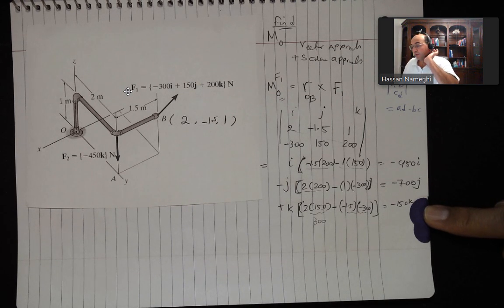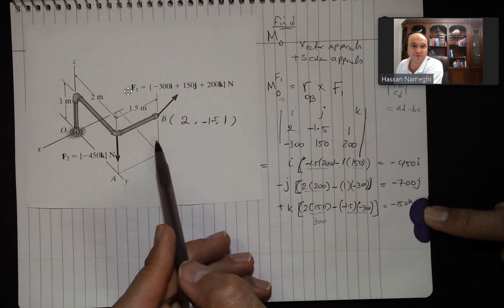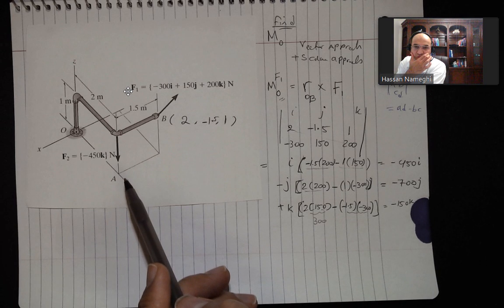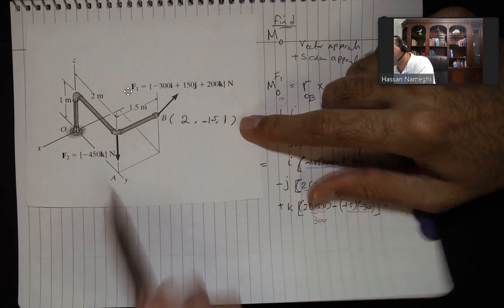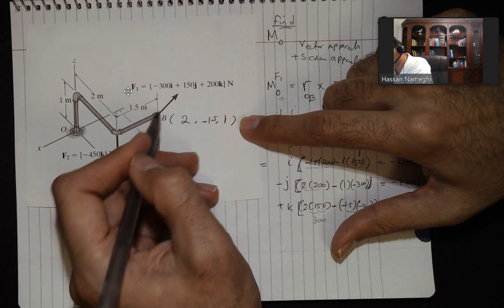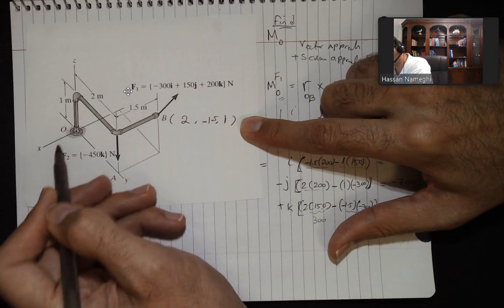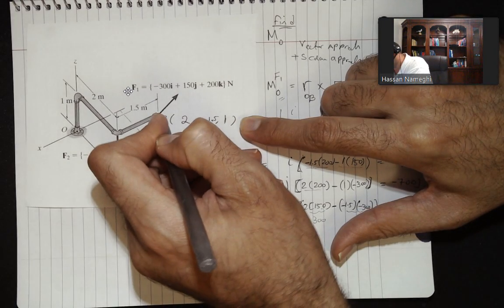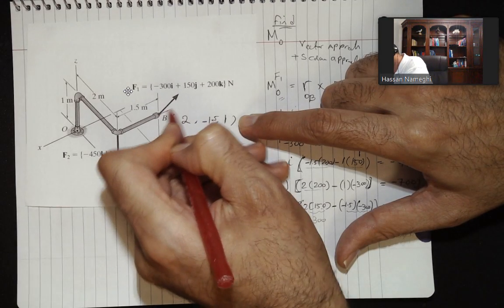Now, for now, let me focus on the scalar approach for force F1 to see whether I got the same answer. Then I can repeat the same thing for force F2. On the scalar approach, the first thing we do is put the components of the force where they are. I have minus 300 in i, so it is going to look like this, pointing in the negative x.